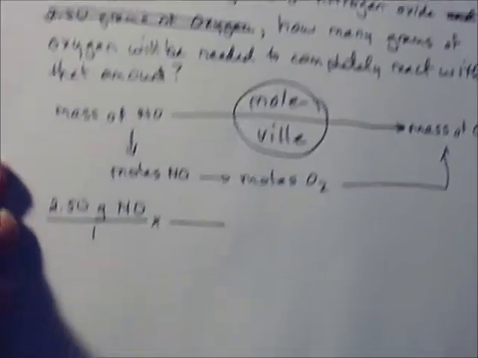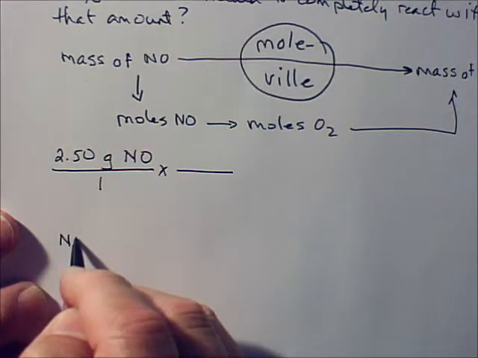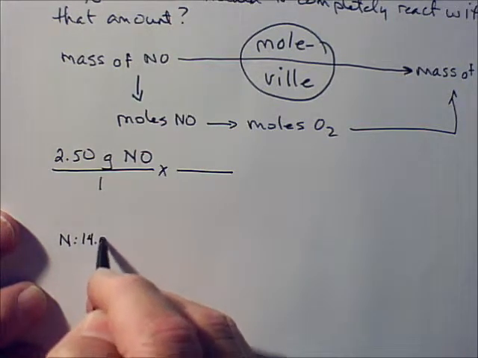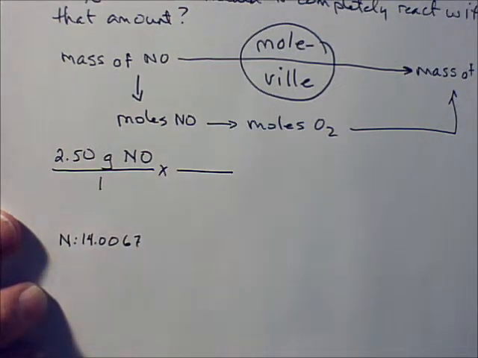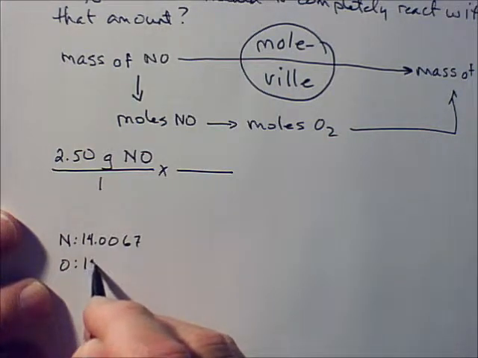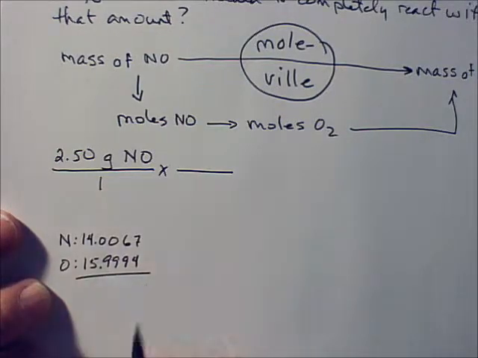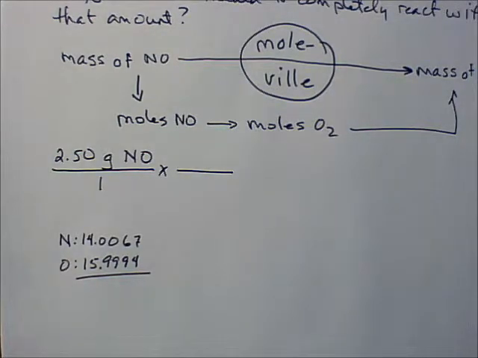Got to add all the atomic masses of all the elements in the formula. So nitrogen is 14.0067. That's its atomic mass. Oxygen has an atomic mass of, well, we use oxygen a lot. It should be fairly easy to memorize it. We use it so much.